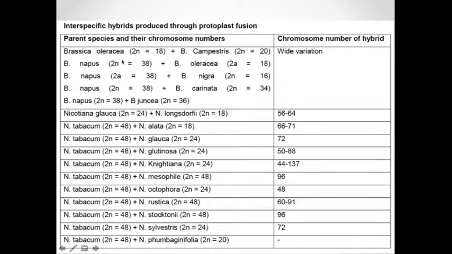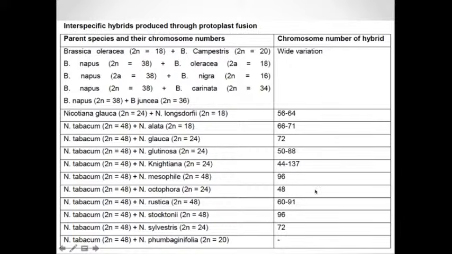Bringing together two different species, Brassica napus and Brassica oleracea, one has 38, one has 2n equal to 18, but still we cross them and see wide variation. Likewise for tobacco, crossed with different species of tobacco having different chromosome numbers, you have 72, 96, so big numbers of chromosomes in your species.